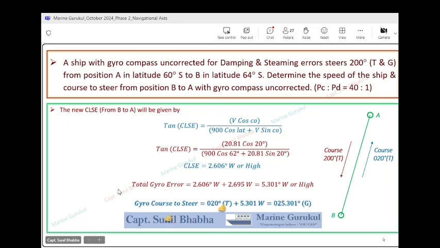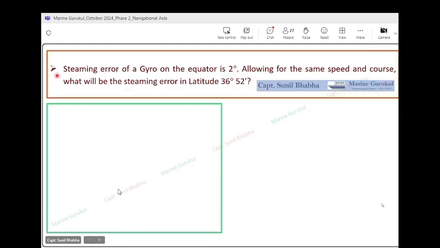Very good. Let's go. Steaming error of a gyro on the equator is 2 degrees. Allowing for the same speed and course, what will be the steaming error in latitude 36 degrees 52 minutes?